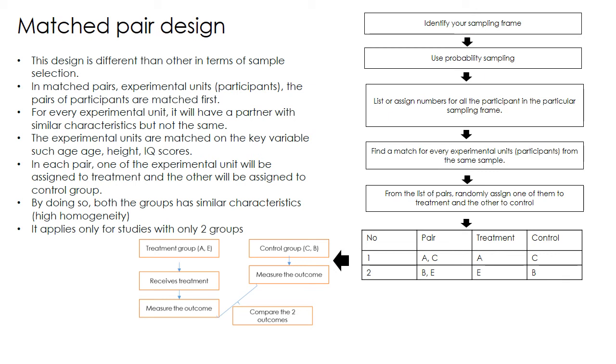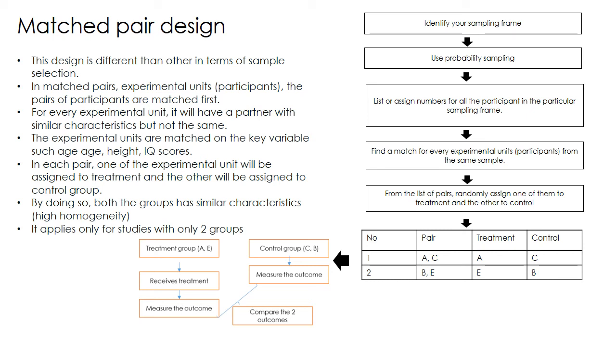So once you get a list of pairs, let's say you have a pair of A and C, a pair of B and E. What you do next is you assign one of the members in the pair into treatment and the other one into control randomly. So you say, now I have pair 1, I take A into treatment and C into control.